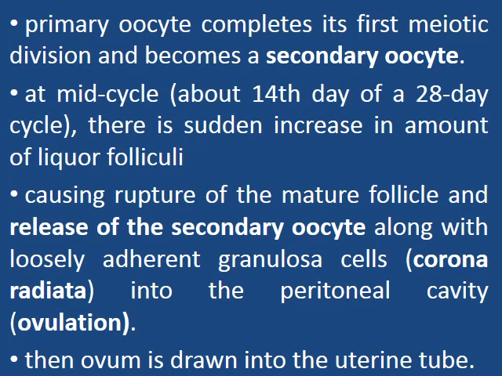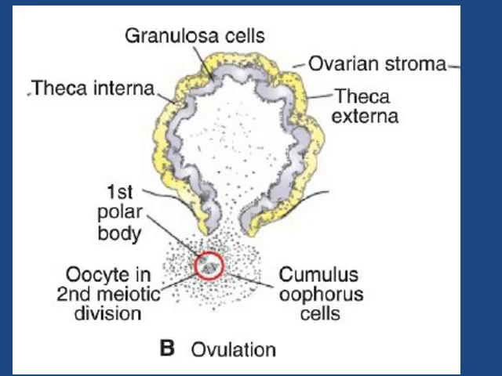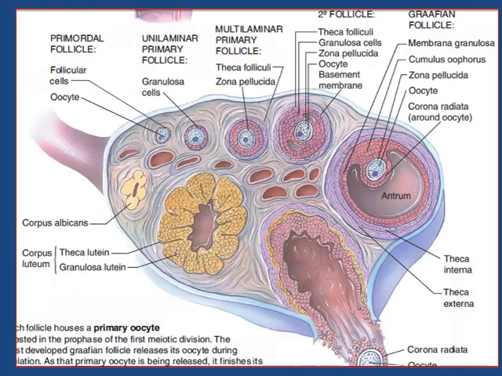Then ovum is drawn into the uterine tube. Here you can see the ovulation. The oocyte is coming out along with the cumulus oophorus cells, zona pellucida. In this picture also you can see the ovulation is going on, in which one oocyte is bulging out from the ovary with corona radiata cells.